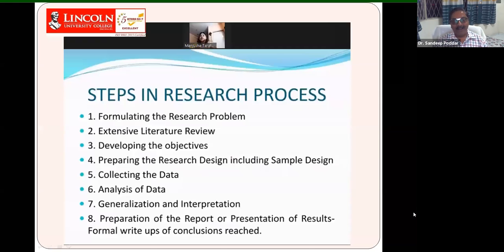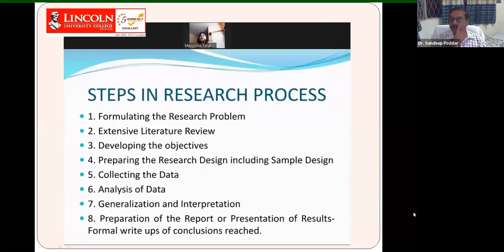Now, Madam already discussed formulating the research problem, then extensive literature review, developing the objective, preparing the research design including the sample design, collection of data, analysis of data, generalization, interpretation, and preparation of a report and presentation of the data. All these, like a project, we call a project paper. This is a project, no?